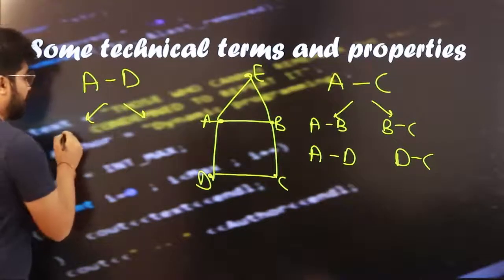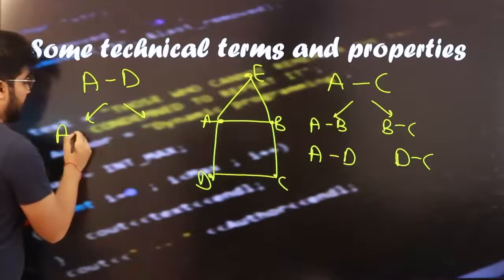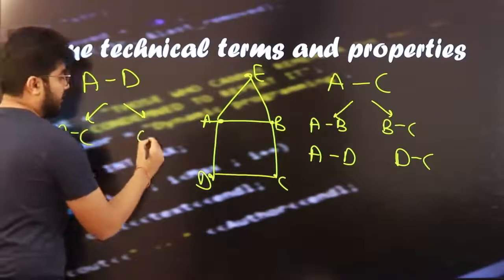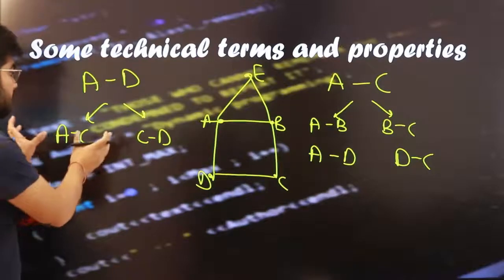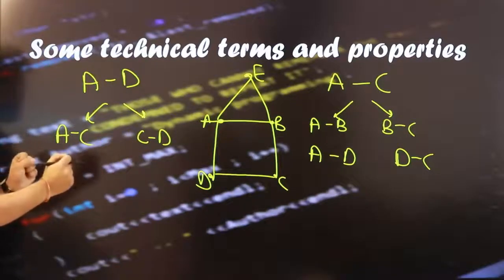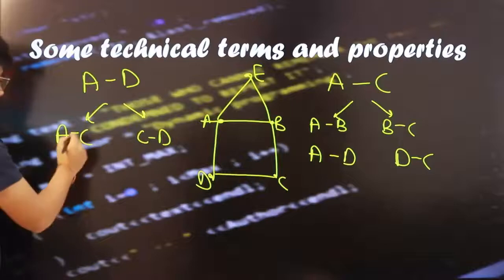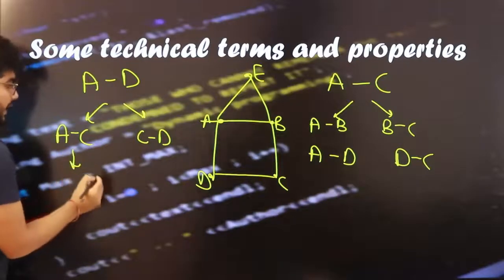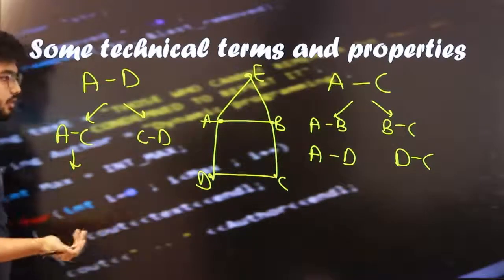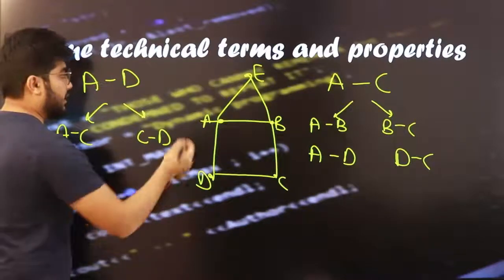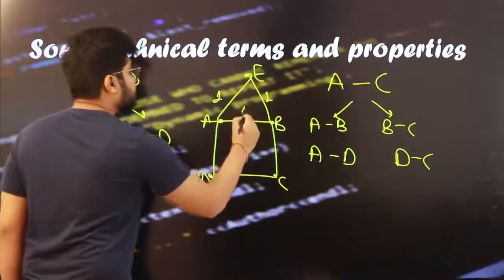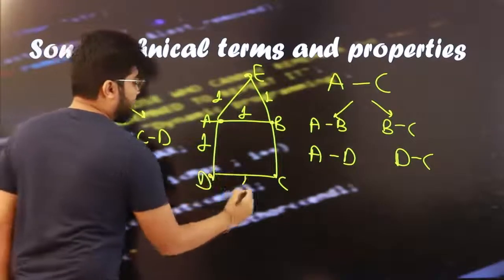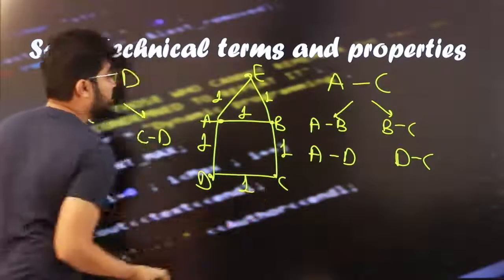So from A to D, we'll go from A to C and C to D. So I have divided my problem into two subparts. Now, friends, when I try to find the answer for A to C, let's say the smallest path, we'll assume the largest path, not smallest, correction. So let's assume that every edge has weight equal to 1.